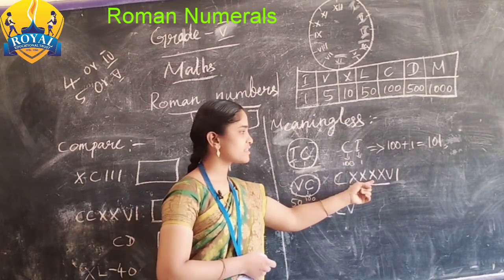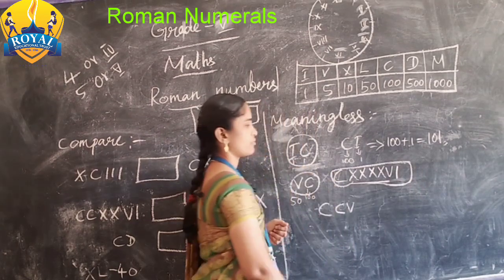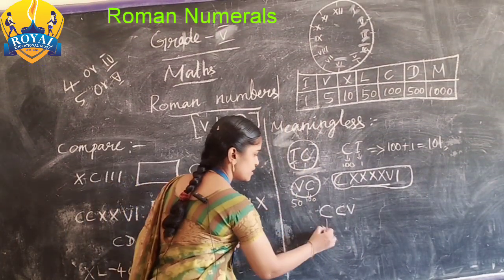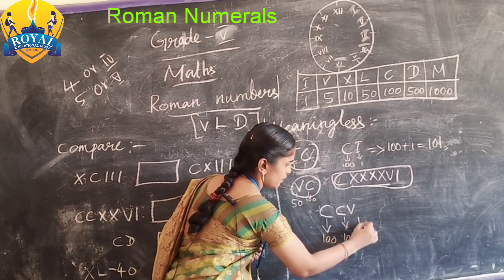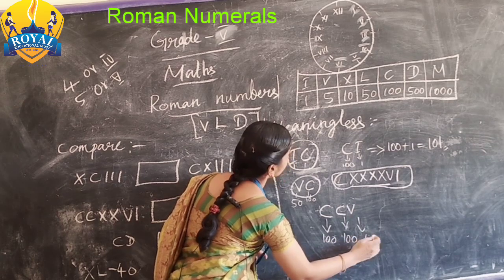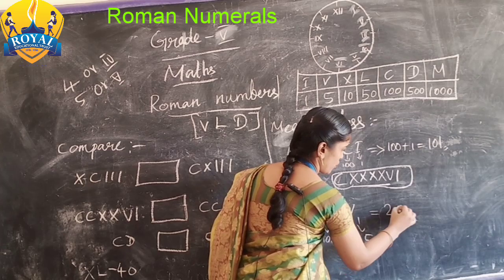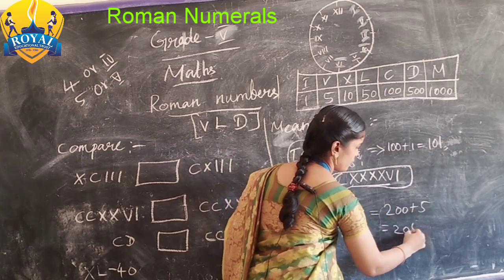So this is also meaningless. The next one, CCV. Here C indicates 100 and C indicates 100 and V indicates 5. That is 200 plus 5. Answer is 205.